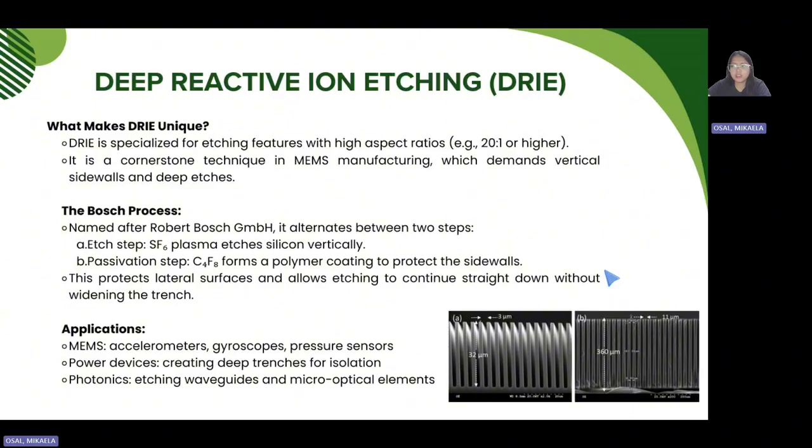Second is the passivation step. C4F8 creates a polymer coating that protects the sidewalls from further etching. So this alternating process ensures that while the wafer etches deeply, the lateral surfaces are protected, allowing for straight down etching without widening the trench.